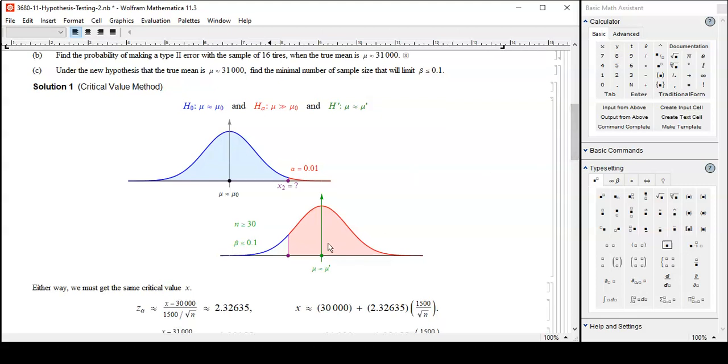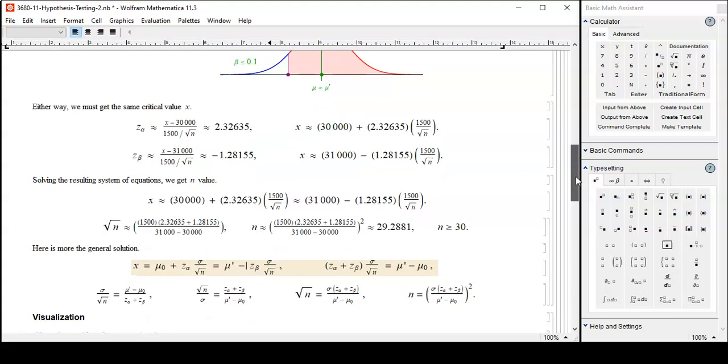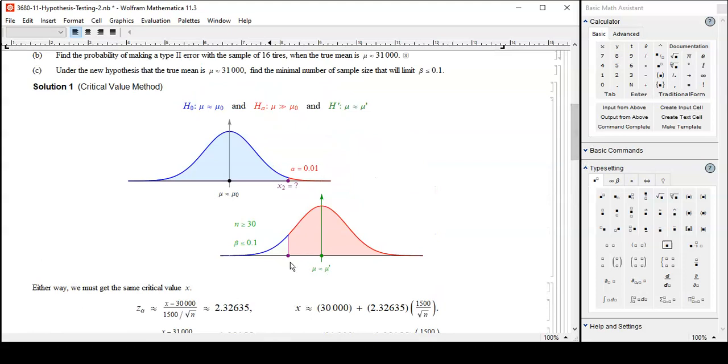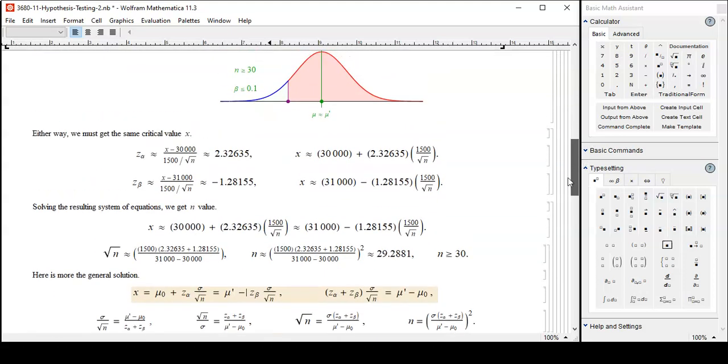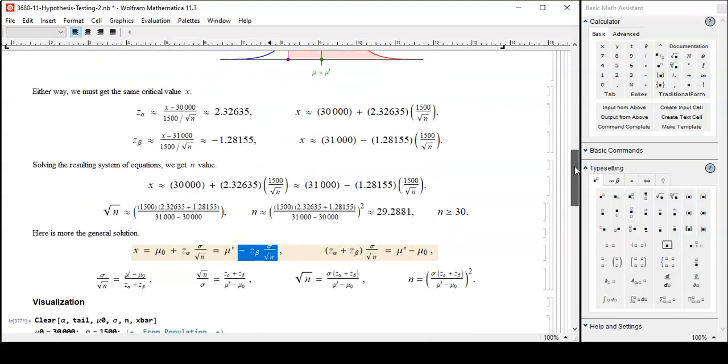And here from mu prime, z times SE, I'm going to the left, so this time it's minus. So mu 0 plus, mu prime minus. See, mu 0 plus, mu prime minus. All right?